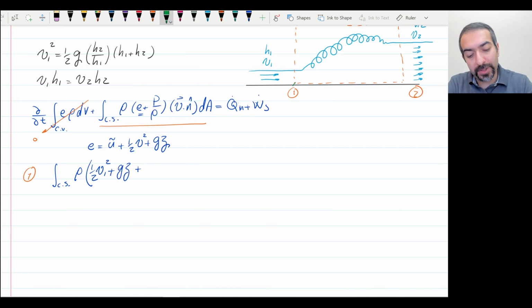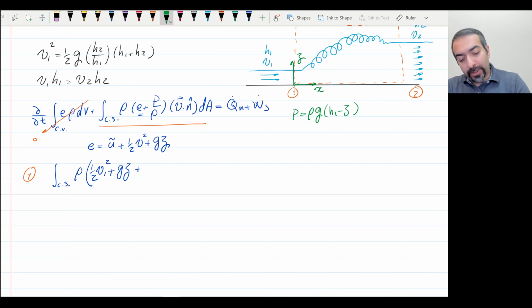Pressure is hydrostatic, so if this is my X and this is my Z, it's easy to see that pressure is rho g (H1 minus Z), because at Z equal to 0 the pressure is rho g H1, and at Z equal to H1 the pressure is 0. So the pressure term, P over rho, is g times (H1 minus Z).